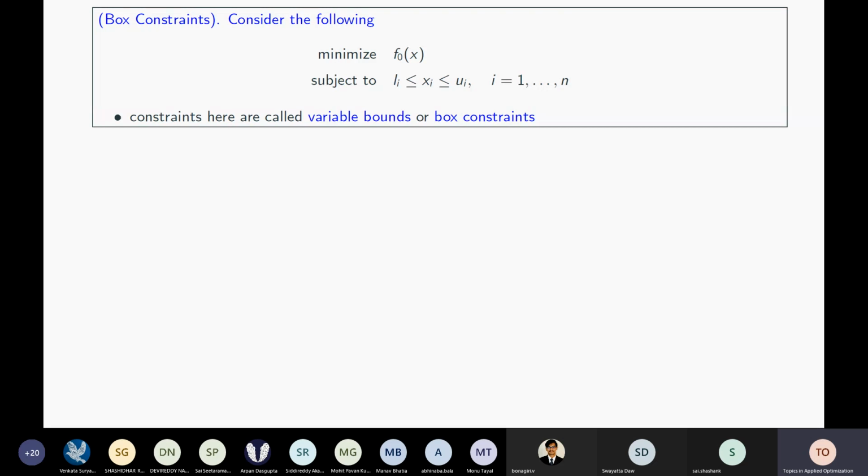There is something called box constraints. Box constraints look like this. So this is my objective function f naught x, subject to, and the components of x satisfy this, right?